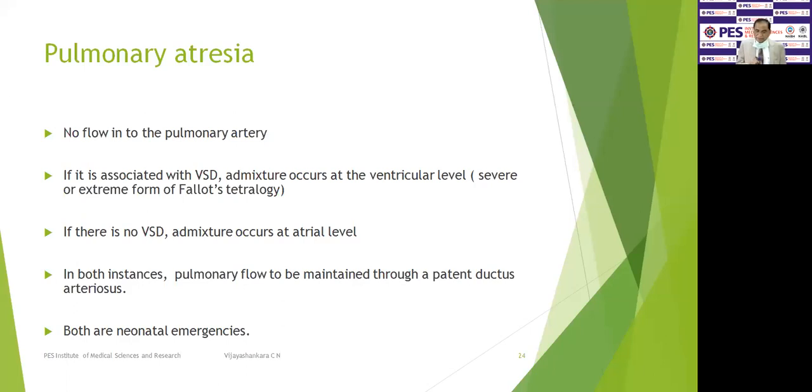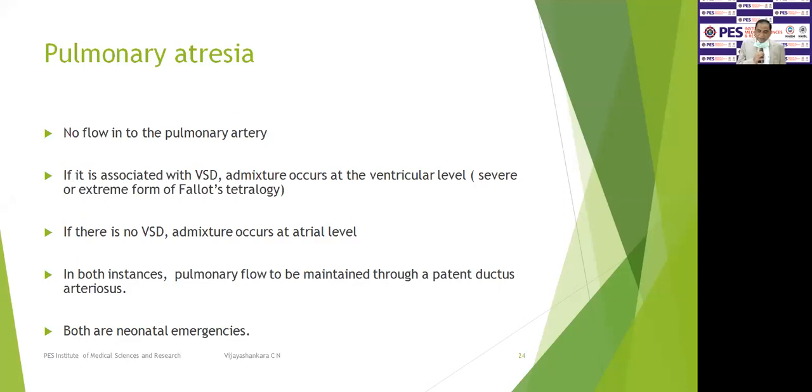In both instances, the pulmonary flow has to be maintained through a patent ductus arteriosus. In the first 24 hours, the ductus is still open. Only in the first 2 to 3 days does the ductus close, and then the child deteriorates because there is no pulmonary flow at all, and the foramen ovale may not be able to manage it.